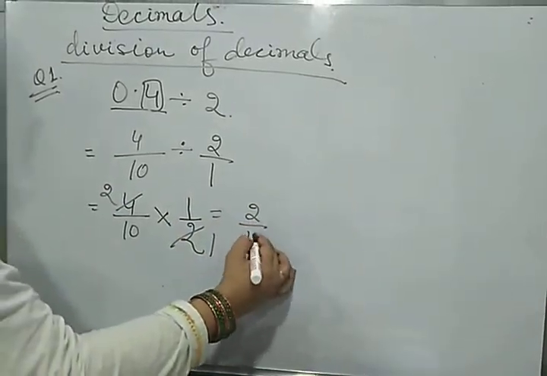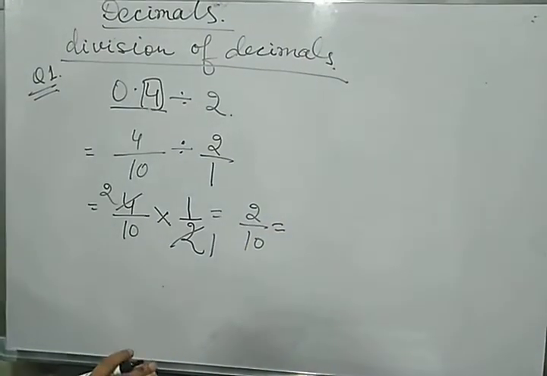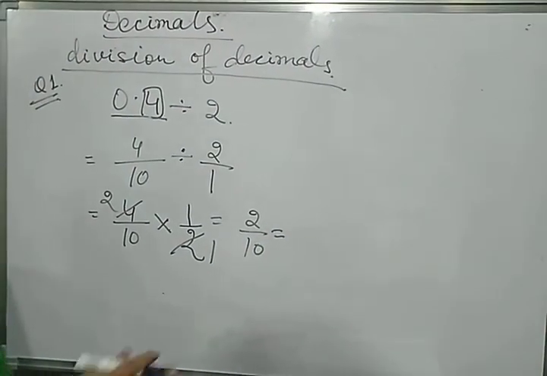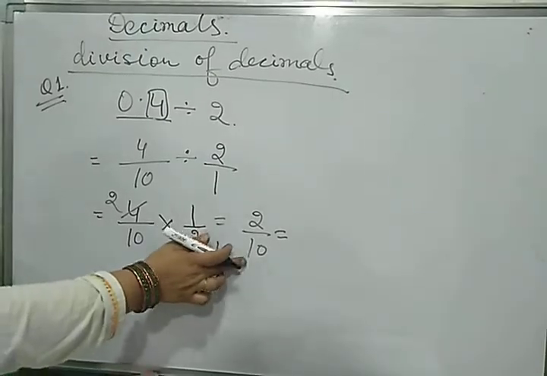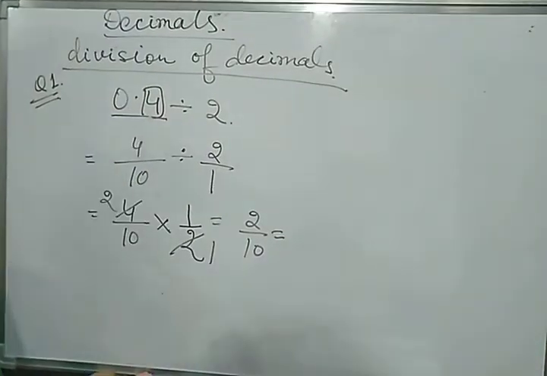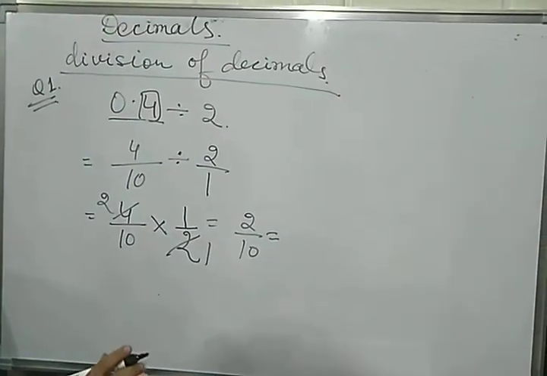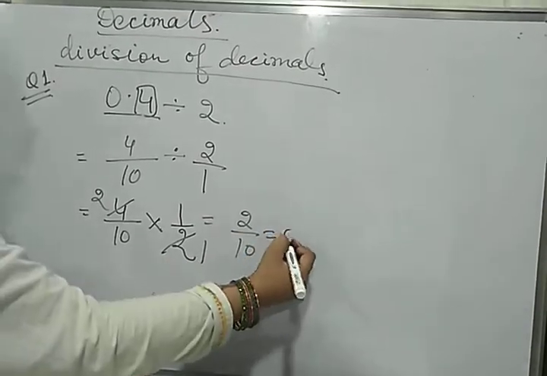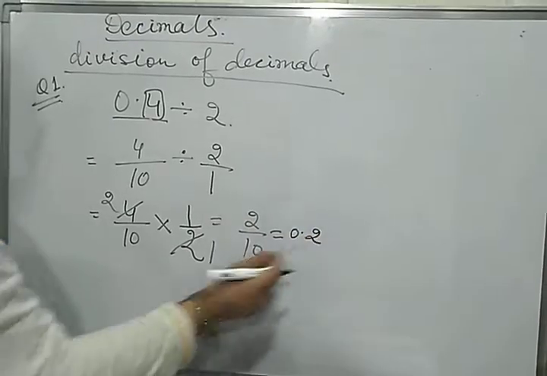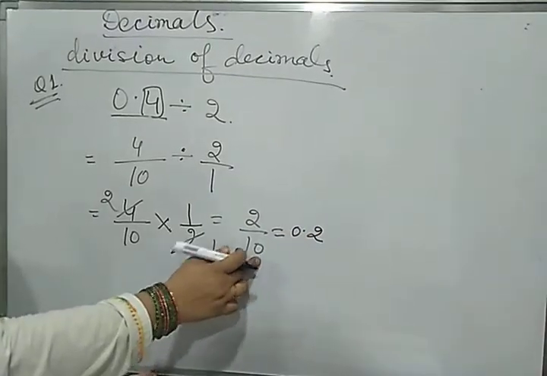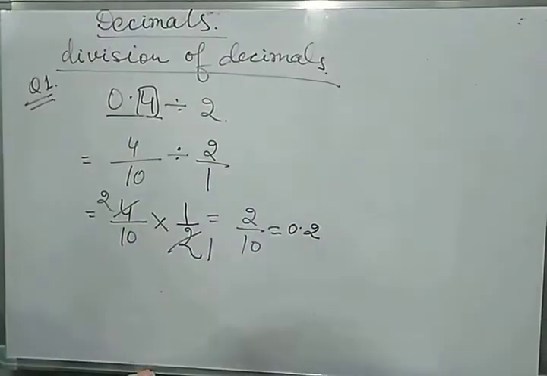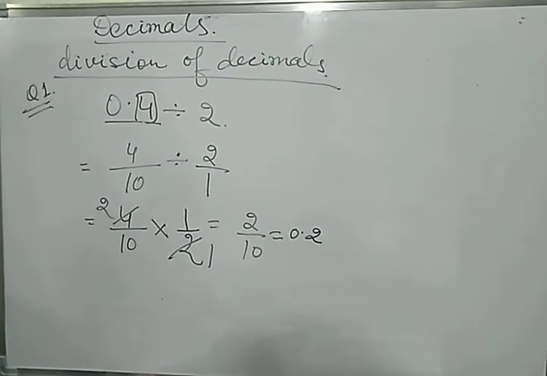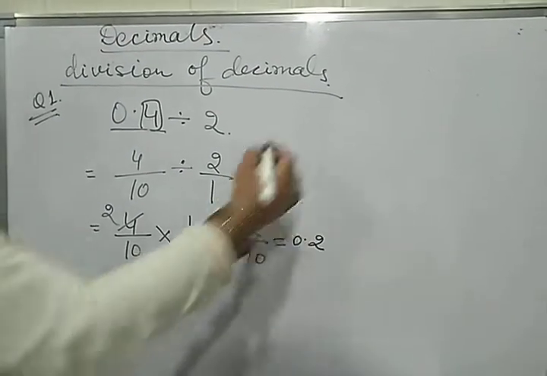Now don't cut it, because if there are 10, 100 and 1000 in the denominator, then easily we can convert the fraction number into a decimal number, and we have to find the answer in decimal. So don't cut it, directly convert it into a decimal number. There is 1 zero in the denominator, so before 1 digit we have to place the decimal in the numerator. Understood?